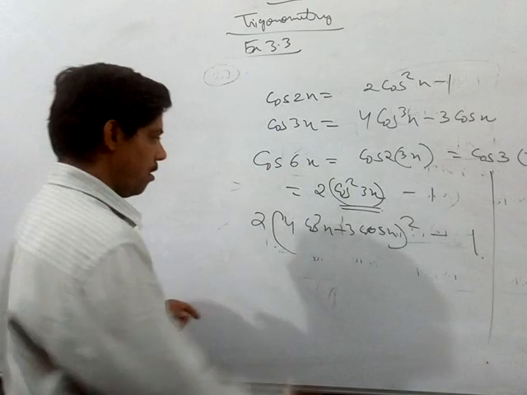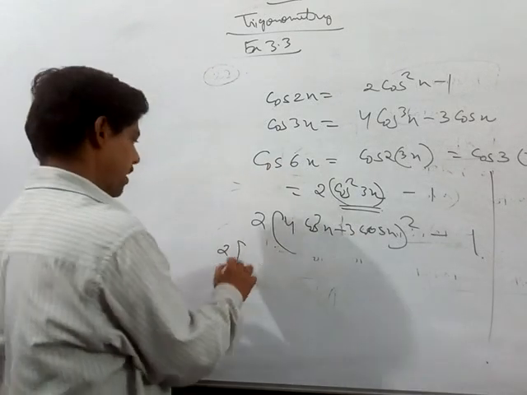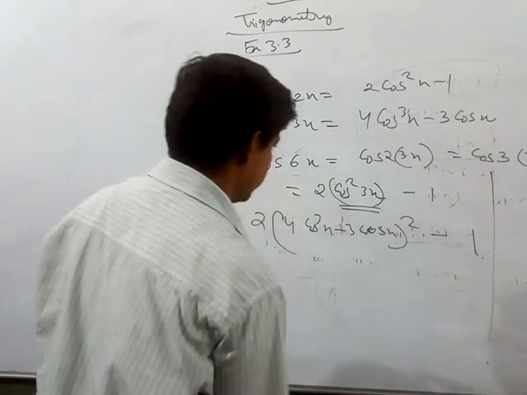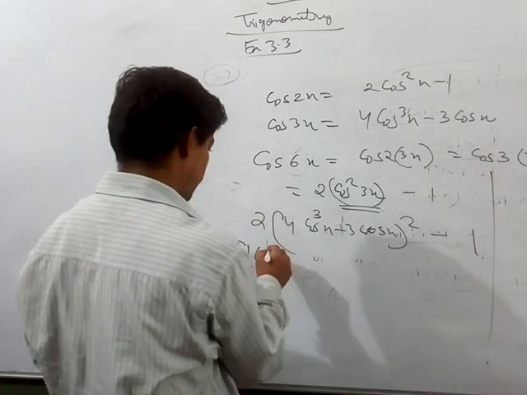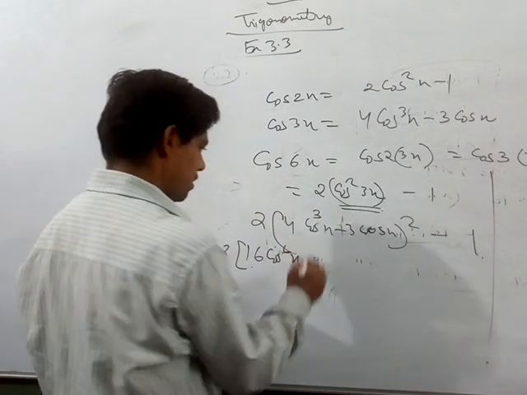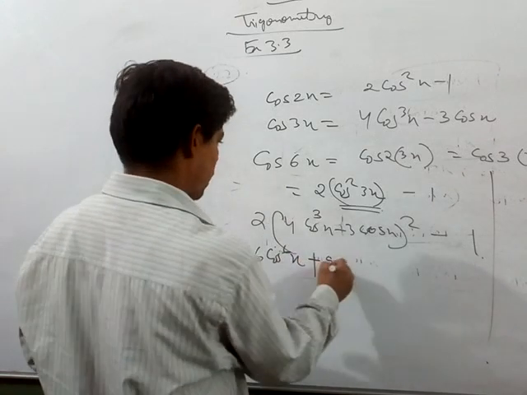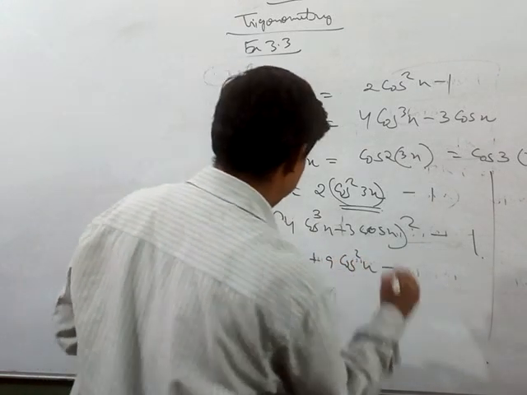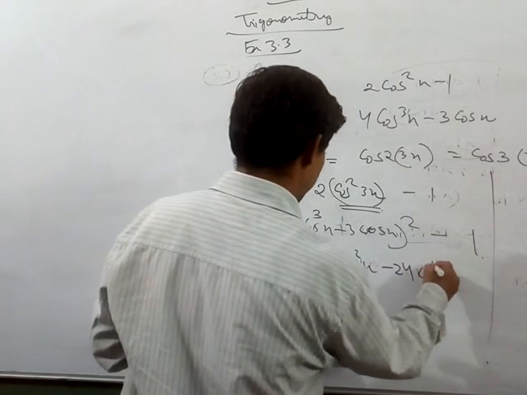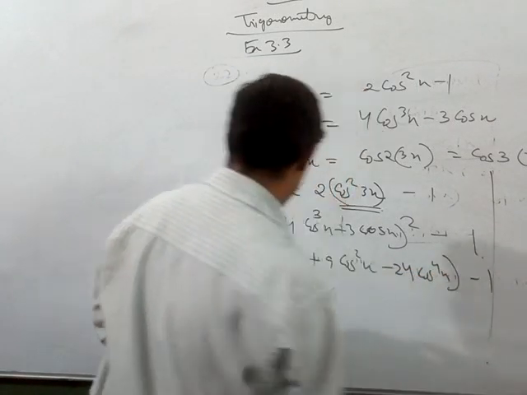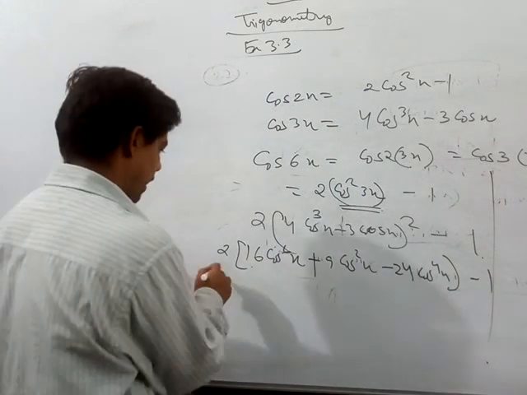Now we have to apply the identity for (a minus b) whole square and we can expand this and get the answer. This is 16 cos to the power 6 x plus 9 cos square x minus 24 cos 4x, minus 1. Now you can multiply this by 2 and get the answer.